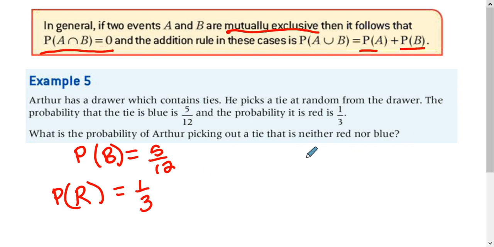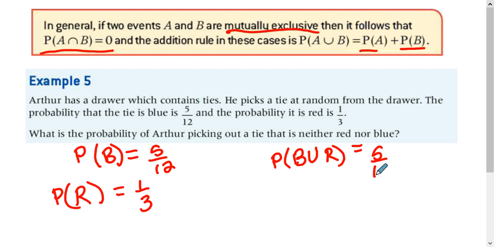If I want the probability that it's either, that would be the probability of B, and then what is going to go in the middle of them? The U. What is the probability of B union R? Which means I want a blue or red tie. If I want to find the probability of a blue or red tie, what do I do to these two probabilities? We add them up.